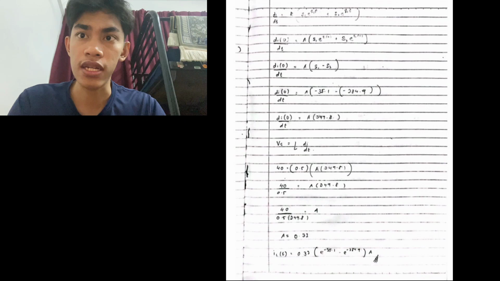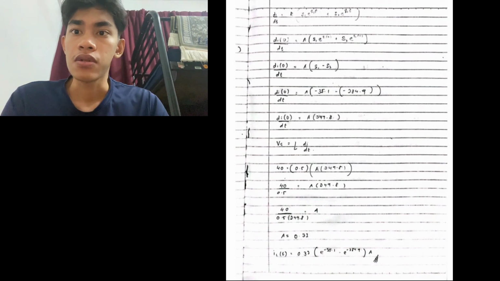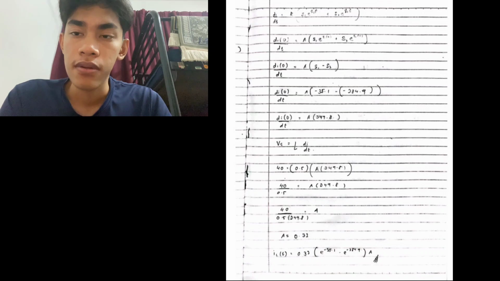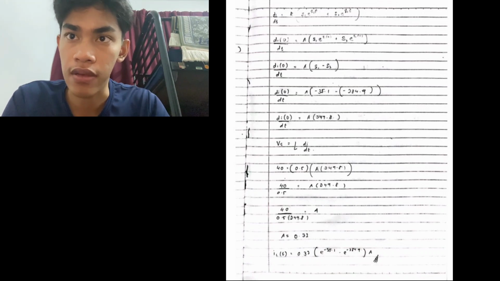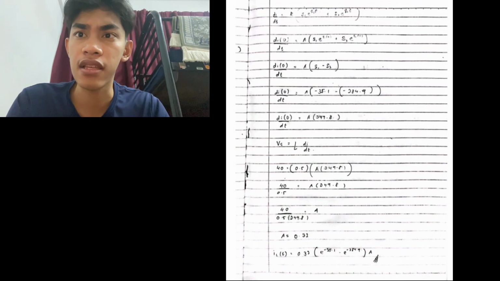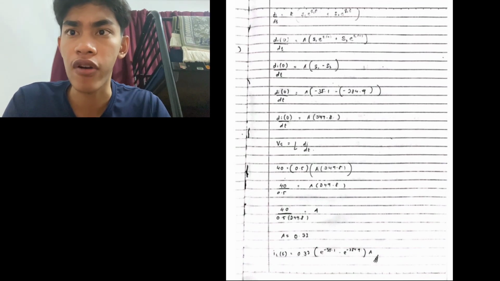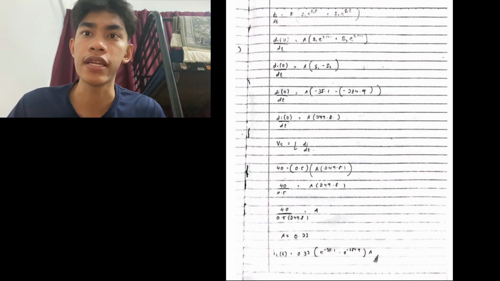The value of S1 is negative 35.1. So in the bracket, the S1 value is negative 35.1, minus exponent power of negative 284.9. So that is the value of the IL.